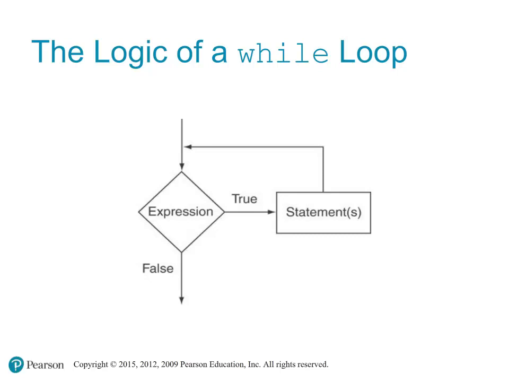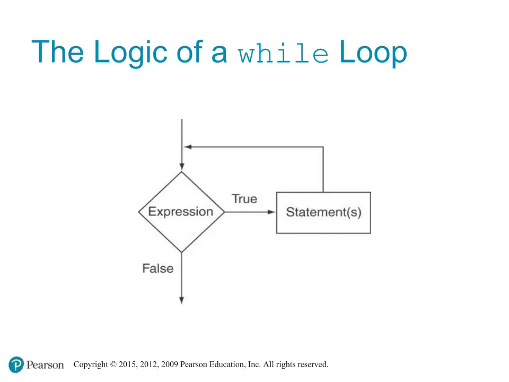A diamond-shaped box is used to represent the evaluation of the loop's expression or condition. This box will have two arrows coming out of it, one for true and another for false. In the true path, if the expression is true, the arrow leads to a rectangle box that represents the execution of the loop's statements.